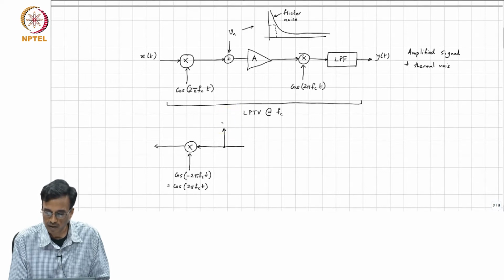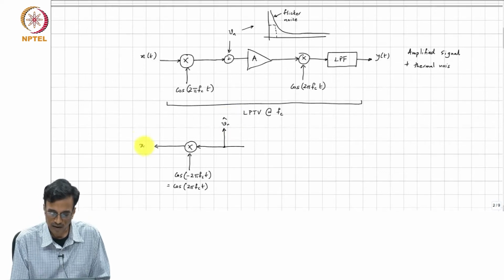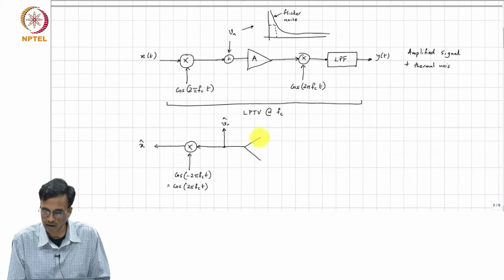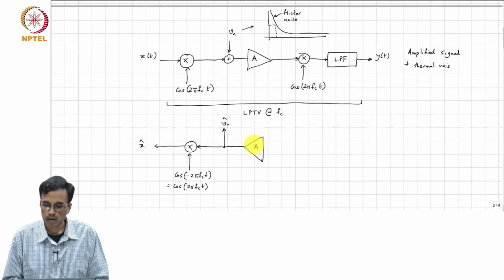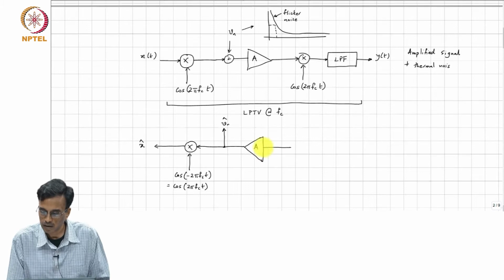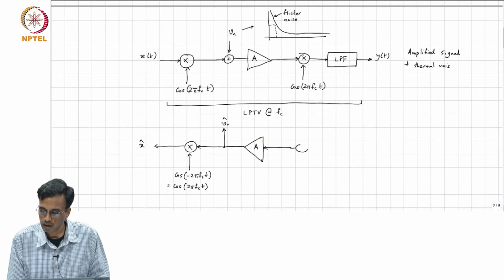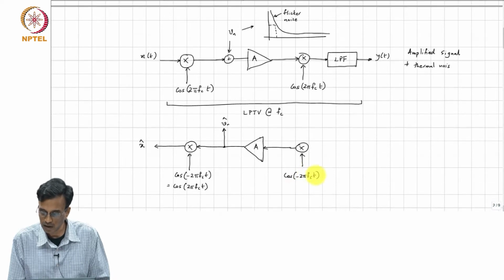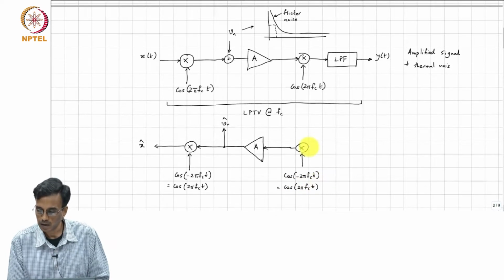So, this is V n hat, this is x hat, and the amplifier is turned the other way around, and the multiplier is also turned the other way around, and this again is cos minus 2 pi FC t, which is the same as cos 2 pi FC times t, right.